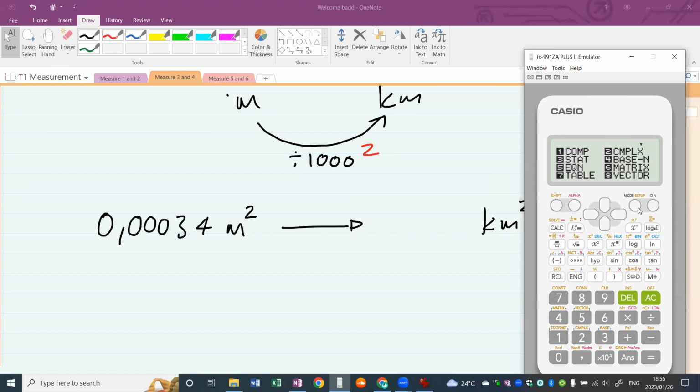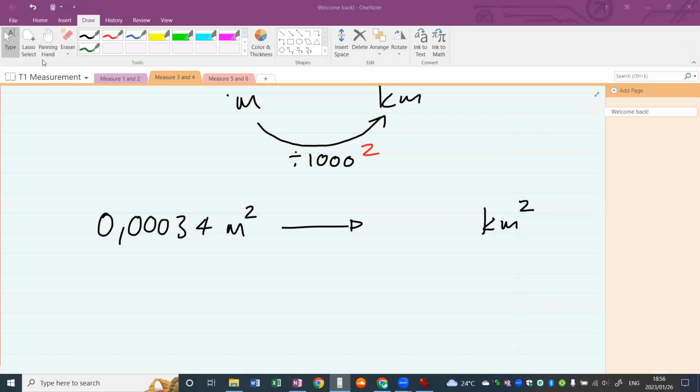Let's try again. 0.00034 divided by 1,000 squared. Okay, 3.4 times 10 to the minus 10, which is very, very small. That's why my calculator is doing this. It's super tiny.